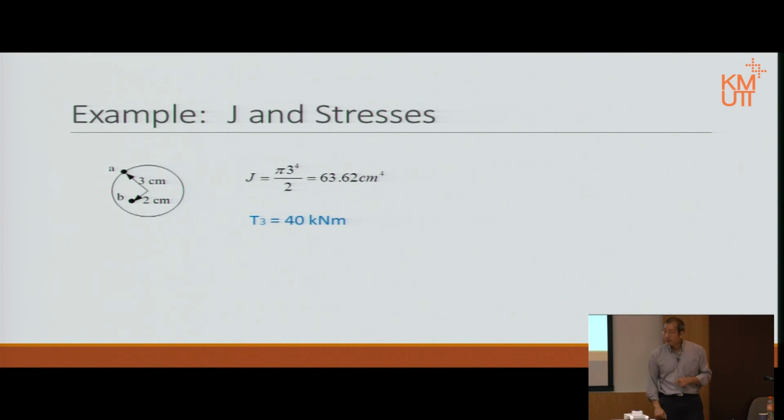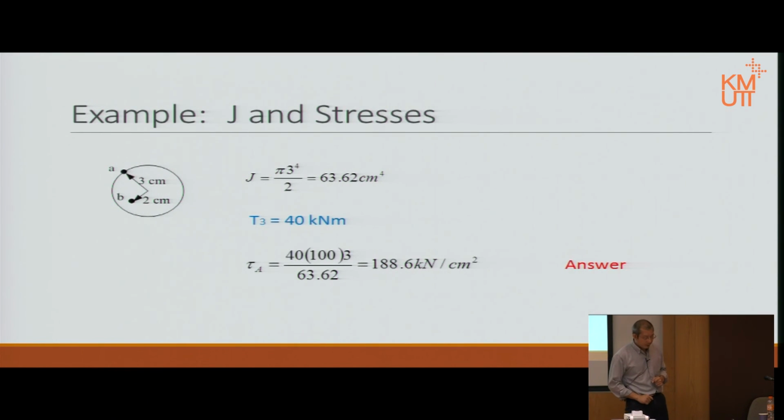We already calculated that torsion at point 3 is equal to 40 kilonewton meters. Then we substitute for point A, which has R: TR over J, T is 40, J as we calculated here, and R from here to here is 3 centimeters. Substitute it, we have the answer.